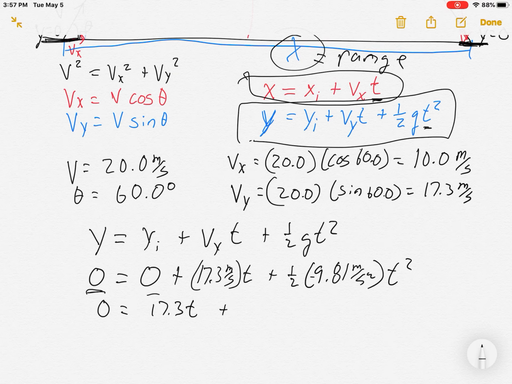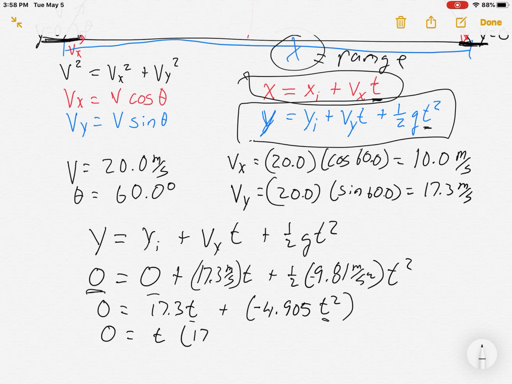And when we multiply this through here, we've got negative 4.905 t squared. Okay. Again, since I've got a t here and a t here and no other terms except for the 0 over here, I can actually factor that t out.